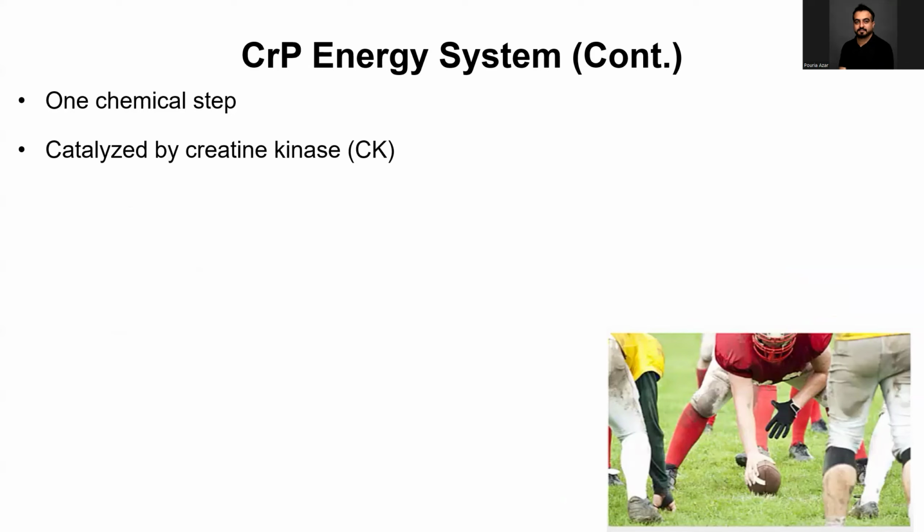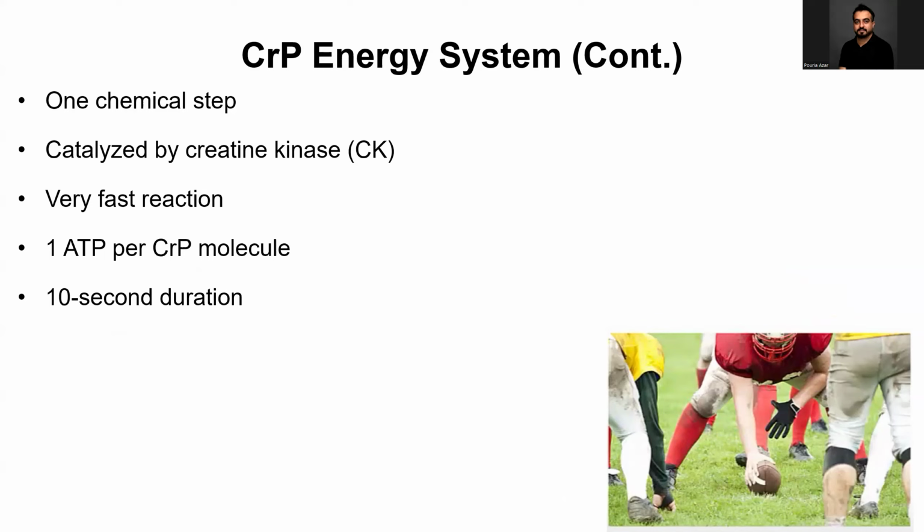The enzyme is creatine kinase. It's very important to remember this enzyme. It's a very fast reaction because it's just one chemical step. We get just one ATP per creatine phosphate molecule.